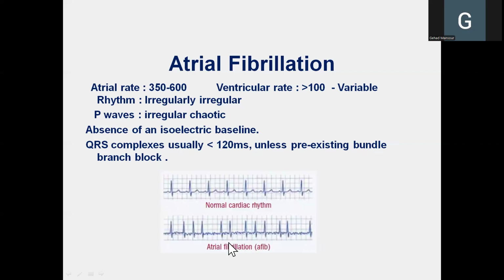And that's why we say that the P waves are chaotic, and they are irregularly chaotic because the ectopic focus fires in different directions every time. And the wave of depolarization is not organized, and therefore the depolarization waves cannot sum up to form a well-defined P wave.